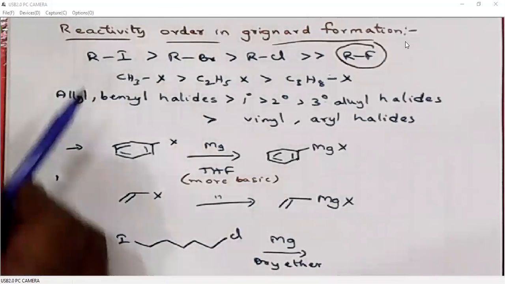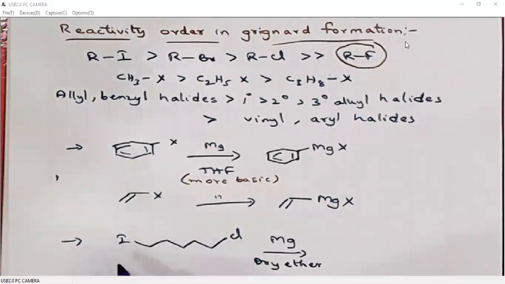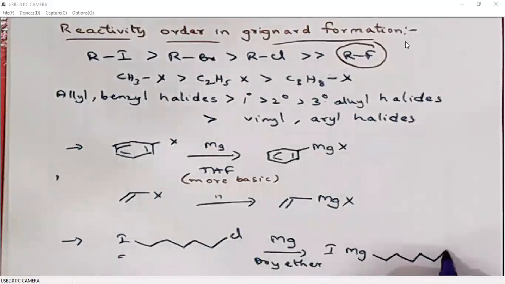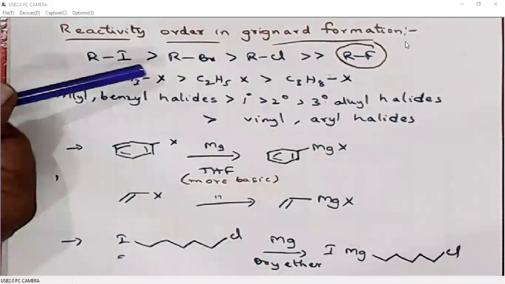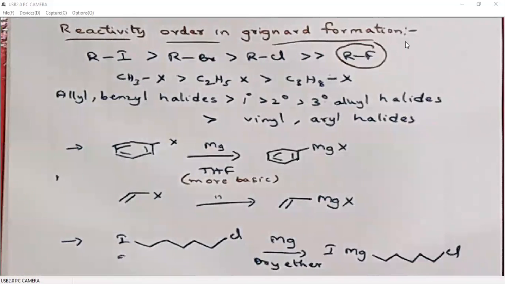From the reactivity order, it is the iodine which will generally have high reactivity towards Grignard generation. So when we want selective Grignard generation among different halogens, iodine will be very reactive, then bromine, then chlorine. Of course, here also we can generate Grignard reagent, or it will undergo a nucleophilic reaction.